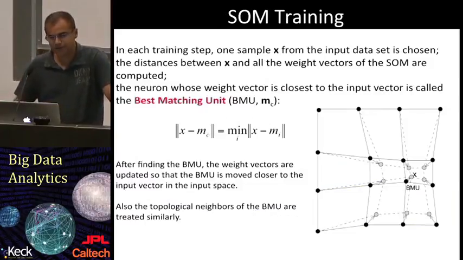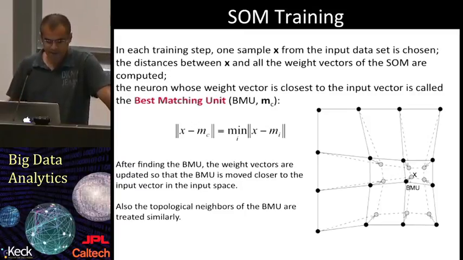Now, let's briefly see how the training is done. It resembles vector quantization algorithms like k-means. In each training step, one sample X from the input dataset is chosen. Then, the distances between X and all the other units are computed. The neuron closest to the input vector is said to be its best matching unit, or BMU.